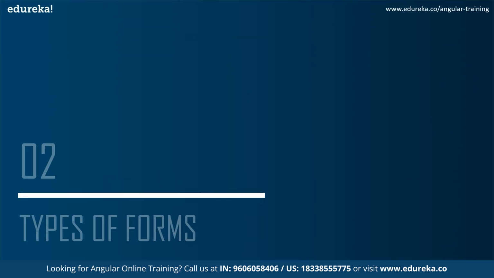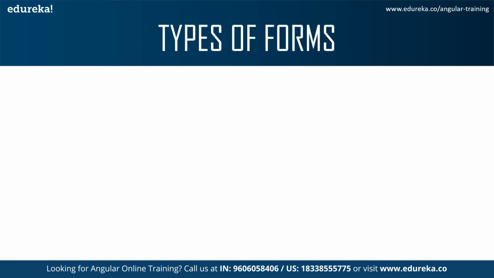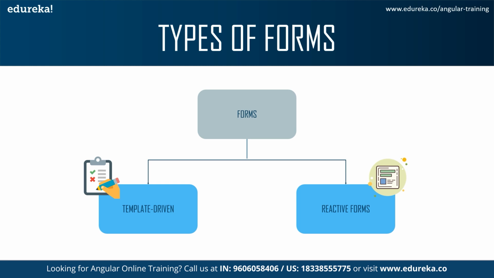With that, let's dive into the types of forms that exist in Angular. Basically there are two types of forms in Angular: template-driven forms and reactive forms. Both capture user input events from the view, and they validate user input. They create a form model and data model to update and provide a way to track changes.